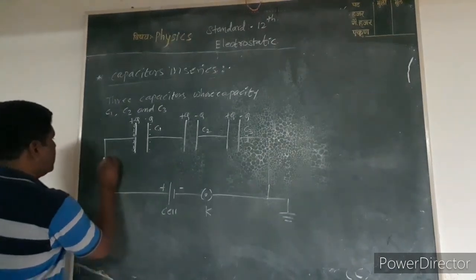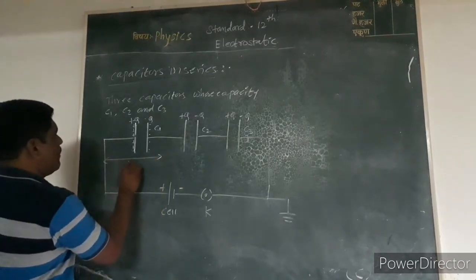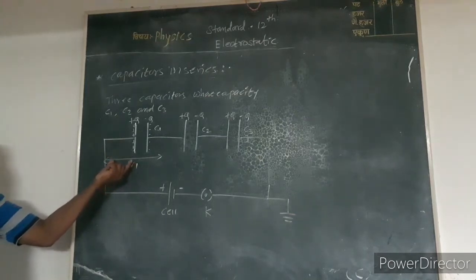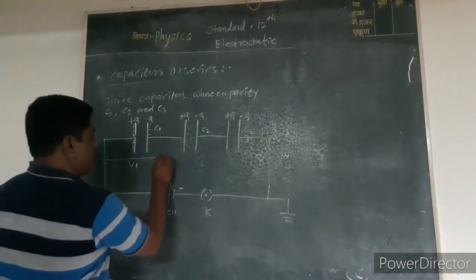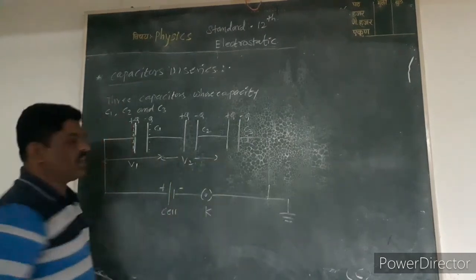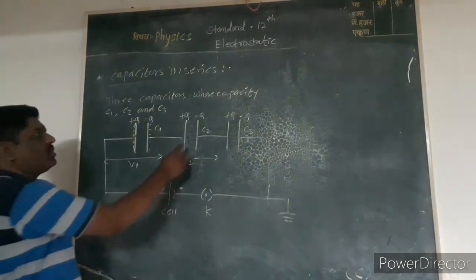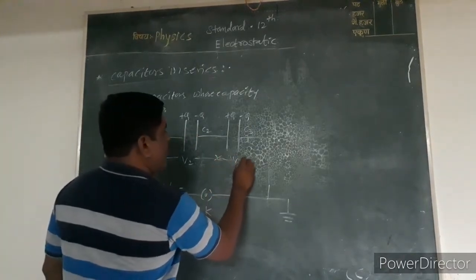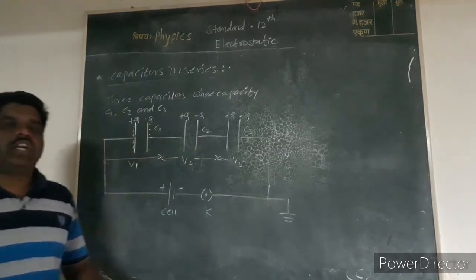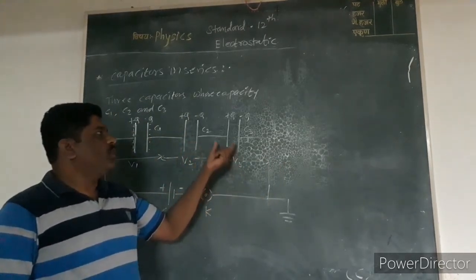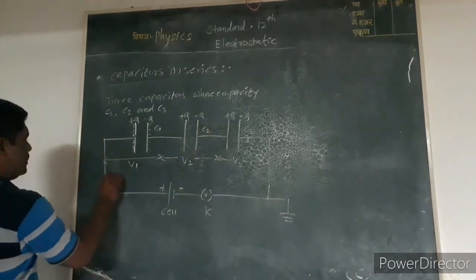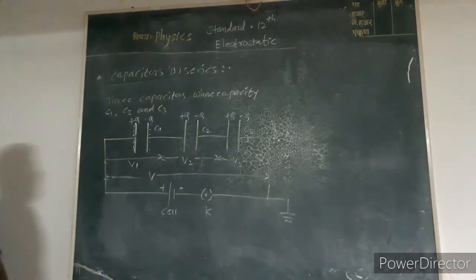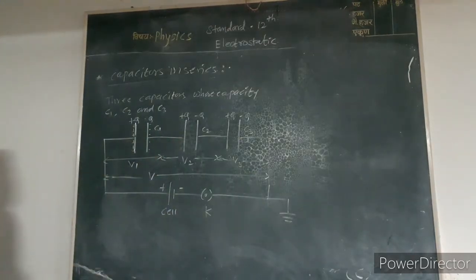Then we assume that V1 is the potential across the capacitor whose capacity is C1, V2 is the potential difference across the capacitor whose capacity is C2, and V3 is the potential difference across the capacitor whose capacity is C3, and V is the total potential difference in the given circuit.